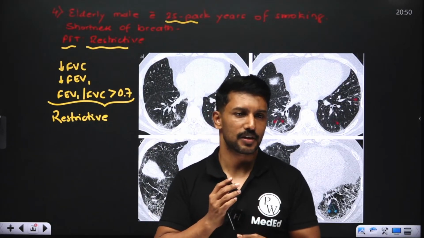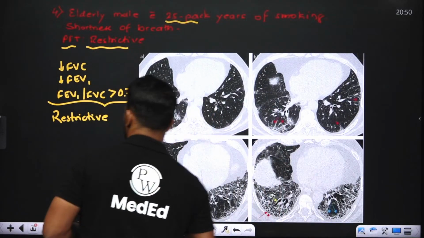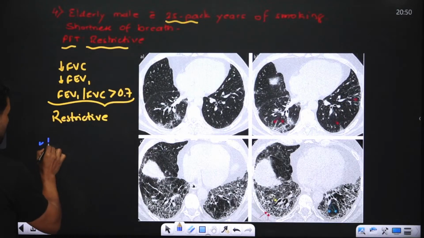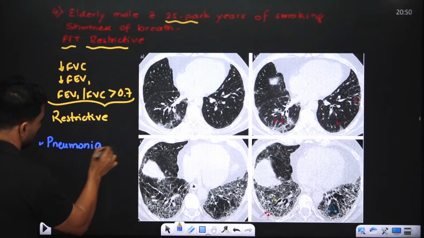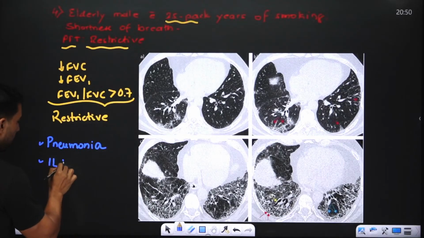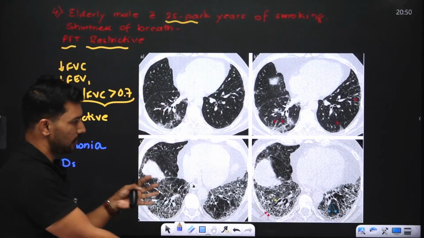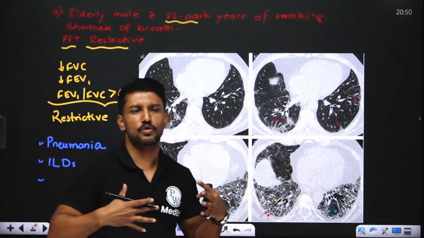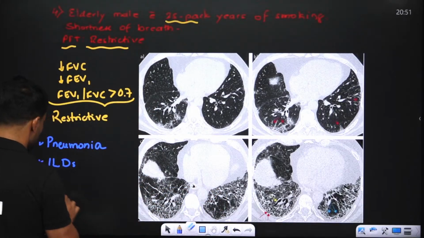These are all restrictive disorders. So whenever the pattern is restrictive, I should think of conditions like pneumonia and interstitial lung diseases. Of course, extrapulmonary restriction can also be there, like pleural effusion. Mainly I want you to think of pneumonia and ILDs.